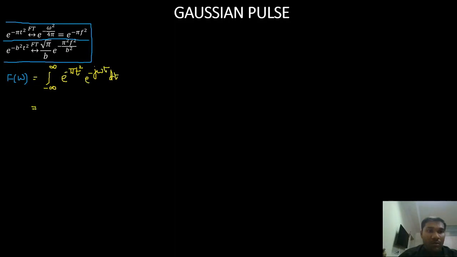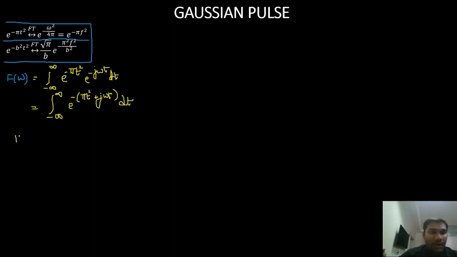Now this can be further written as the integral from minus infinity to infinity of e power minus, pi t square plus j omega t, dt.